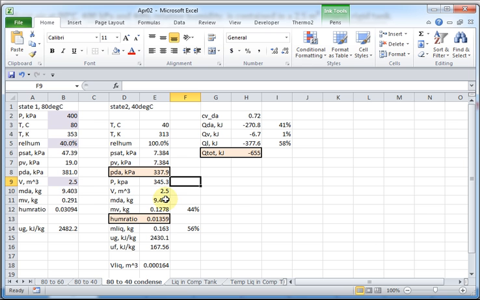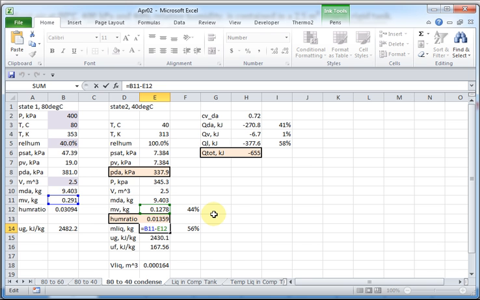And you can still see that the mass of the dry air didn't change, but when you calculate the mass that's in the vapor state, it's gone down from 0.298 to 0.1278 kilograms. So there's only 44% of what started out is in the vapor state. And this is the amount of liquid. Just looking at the equation, you take the difference between those two, right?